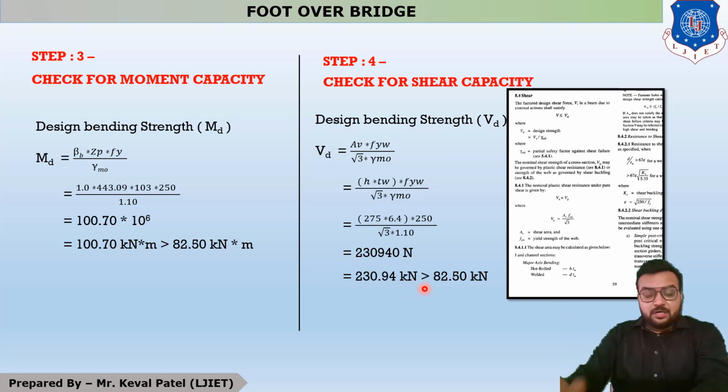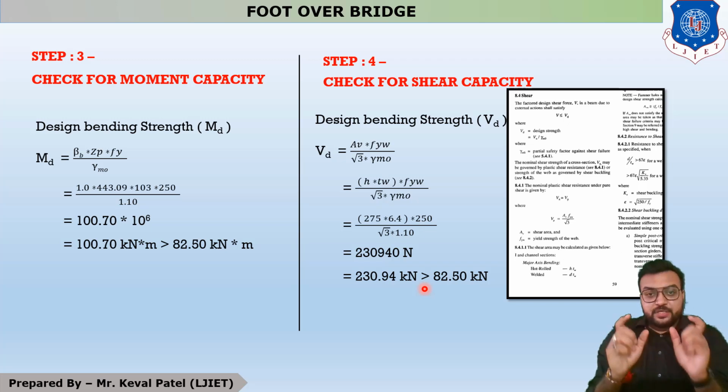But this answer is not the final answer because it is multiplied with some value. This value is 0.6. This data is given on page number 53. So all the students move to page number 53, in which the left hand side, bottom last third line, it is clearly mentioned not to exceed 0.6 Vd.